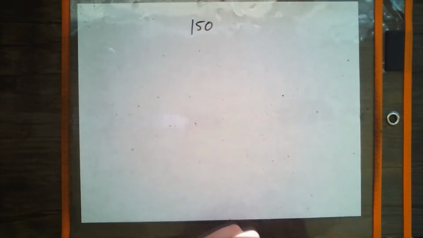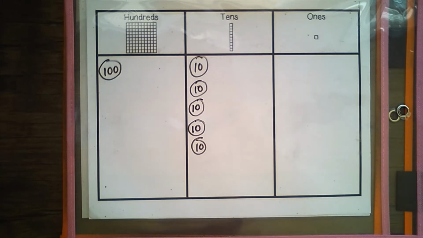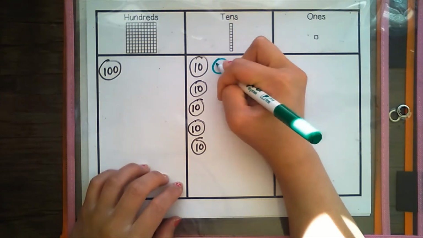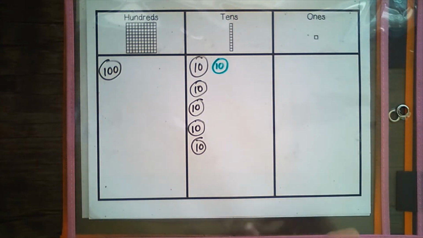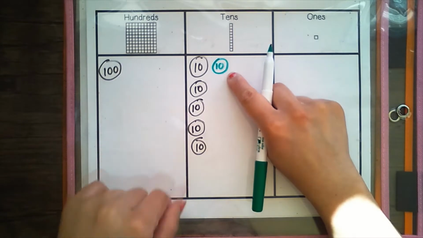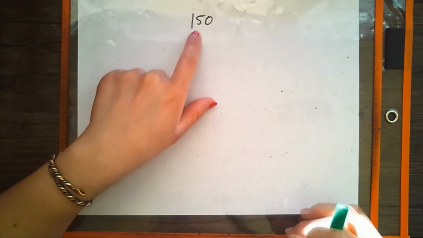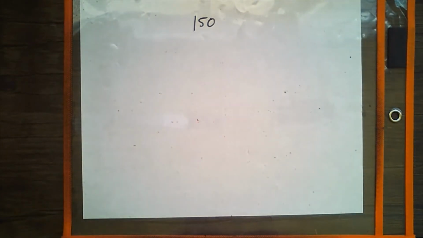We will come back to this later, but we're just going to write this down. Coming back to the place value chart here, I'm going to add another tens disc. 10 more than 150 is 160.